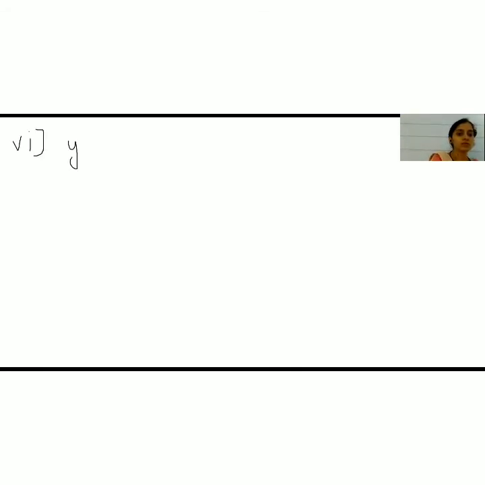We have y is equal to sine inverse of a square root, root of 1 plus x square upon 2. So we have to find the derivative of this sine inverse function.